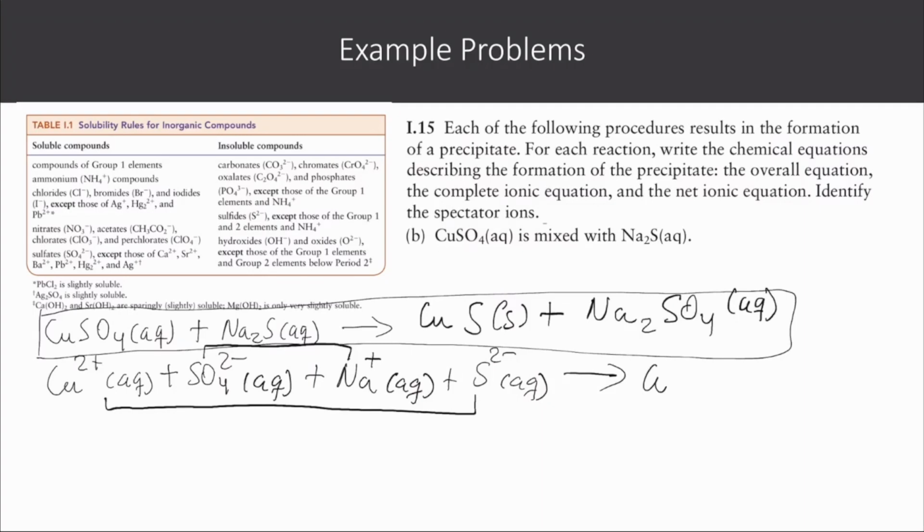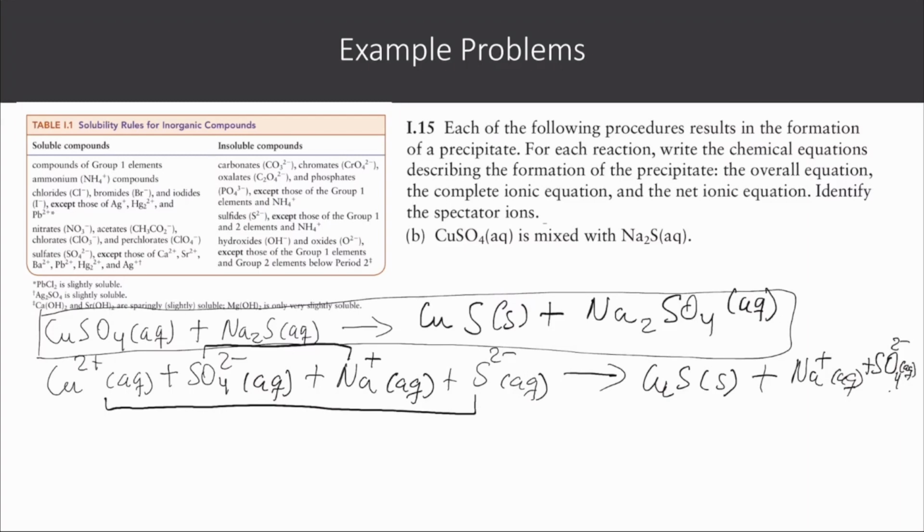The copper sulfide is a solid, so we just write it as a molecule, and then sodium and sulfate ions are in aqueous solution.